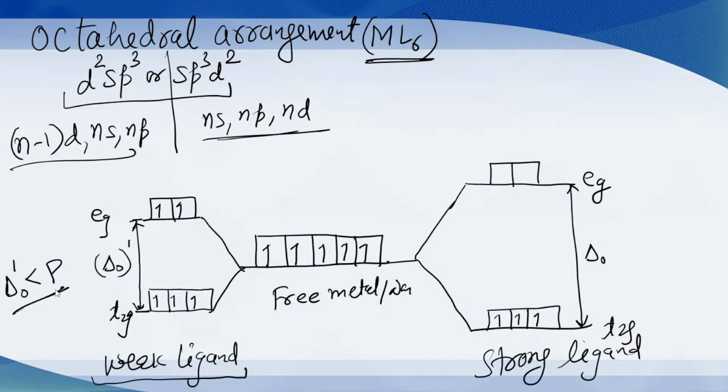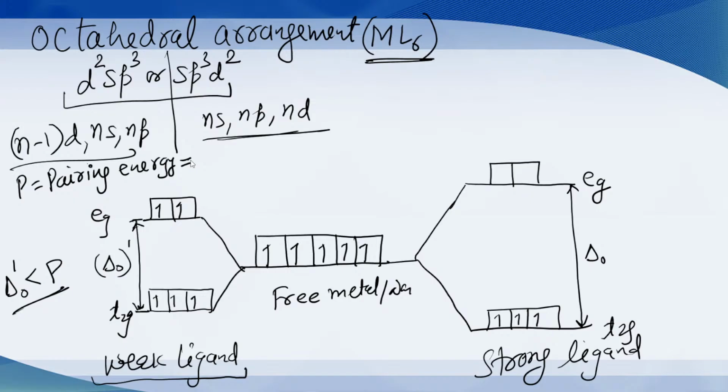Pairing energy, the energy required to get the electrons paired. When electrons are paired, there is a repulsion, and due to that repulsion energy is increased.